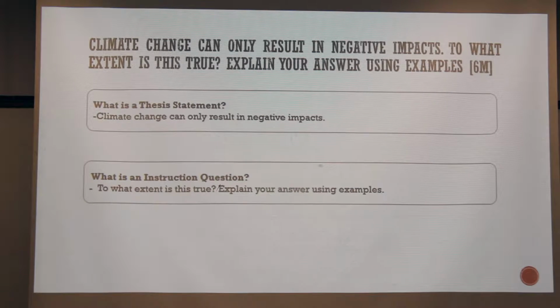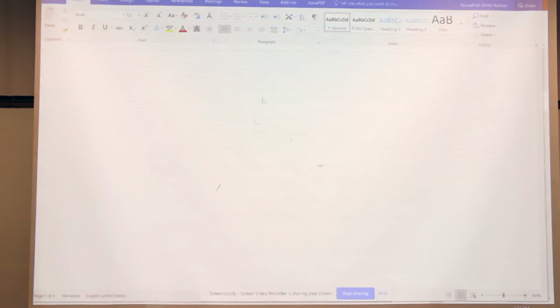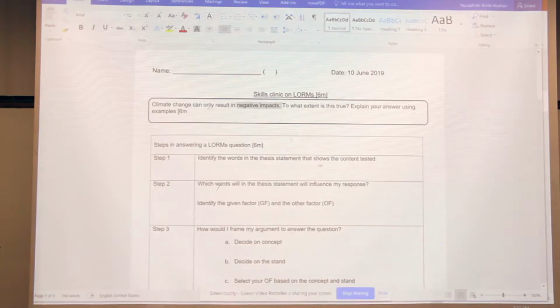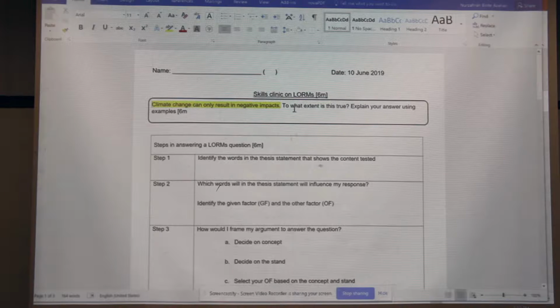I'll show you. You can highlight that this is the thesis statement. The yellow ones are the thesis statement and the instruction words are the red words. So that's what you can do.